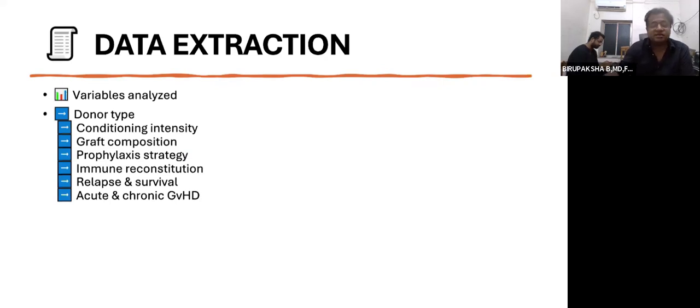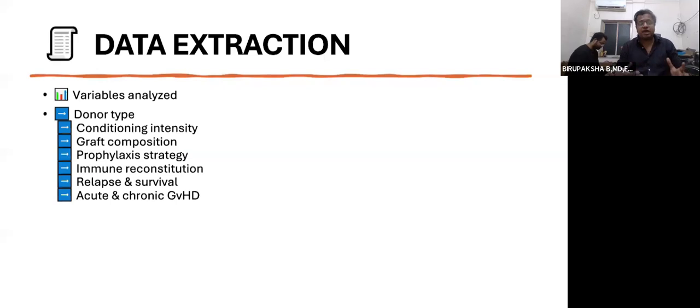Then we move on to conditioning, where the recipient is treated with cyclophosphamide, a very commonly available drug, and radiotherapy. Then we proceed to the transplant, as simple as that.